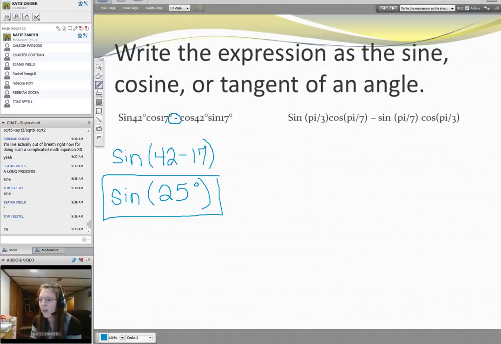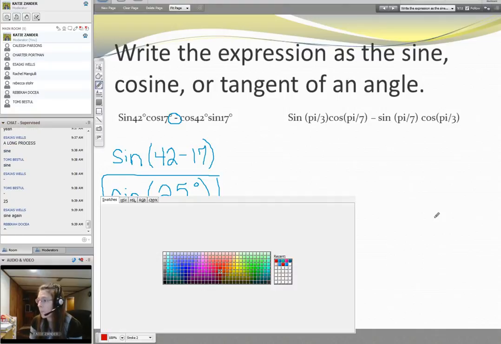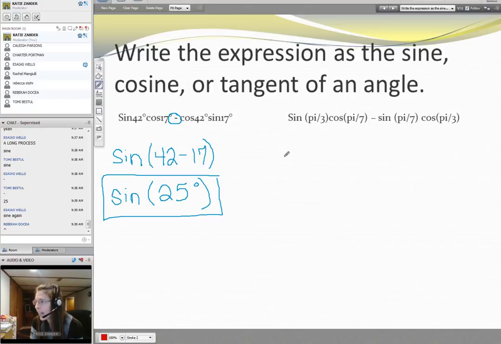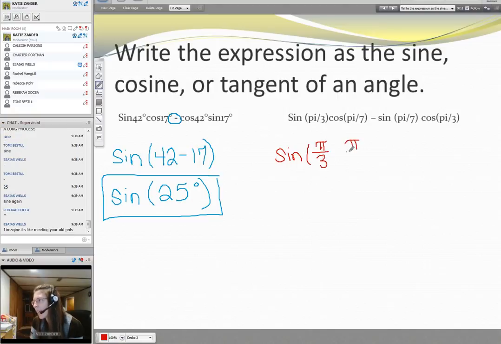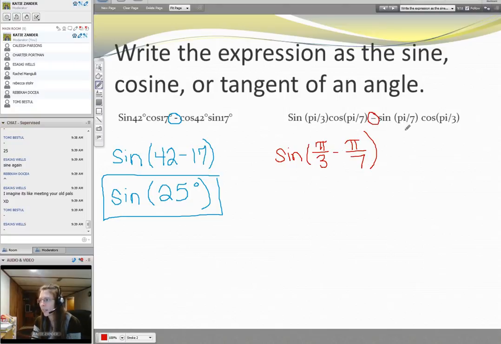Are we using sine, cosine, or tangent? Sine again. All right. So it looks like we're working with pi over 3 and pi over 7. Do I want to add or subtract those two values? Subtract again because we just steal the sign that's in the middle.